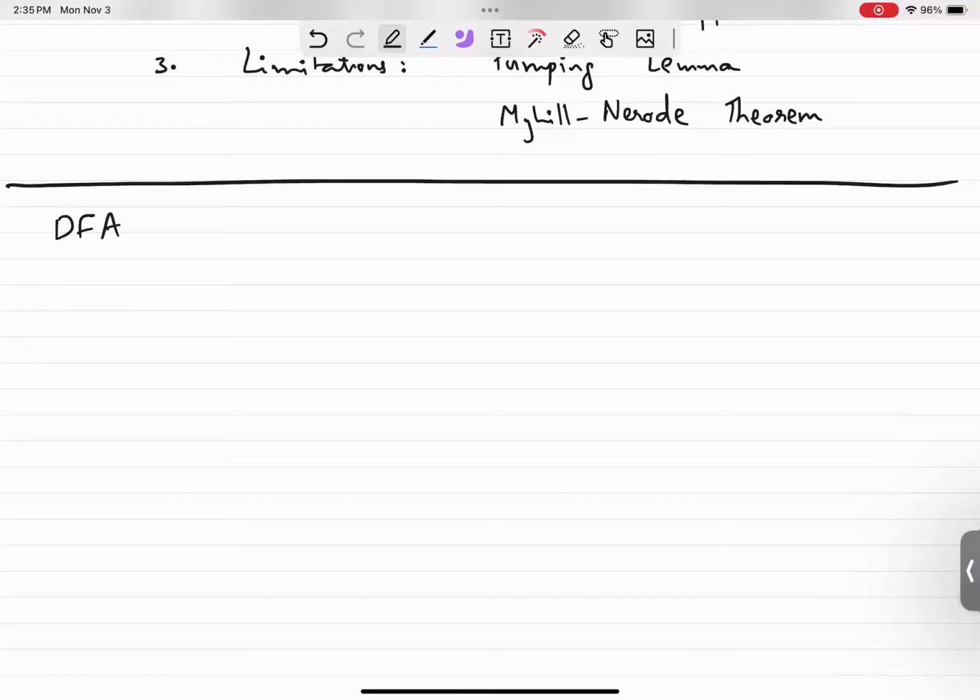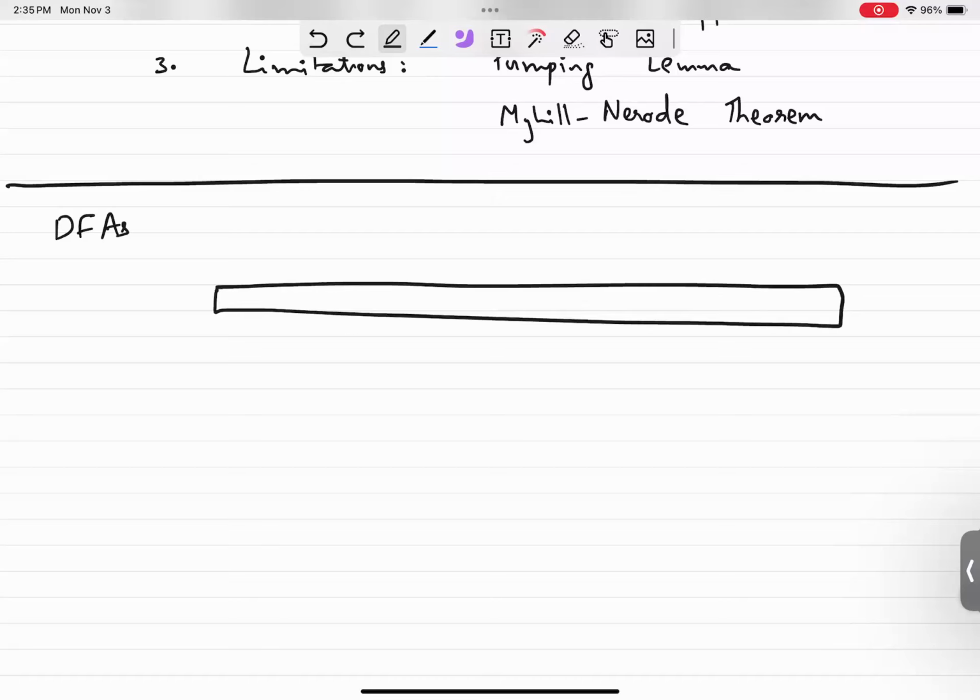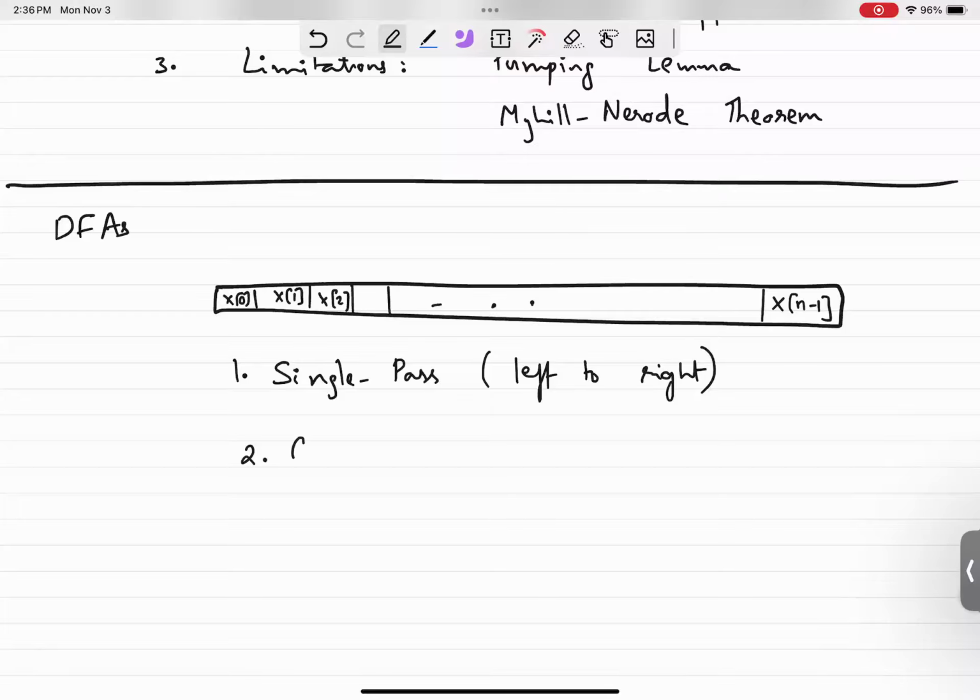So to refresh our memory, we arrived at DFAs by saying it's a very simple algorithm. Imagine the input is written like an array, and our algorithm is allowed to make a single pass from left to right. And we have fixed memory.